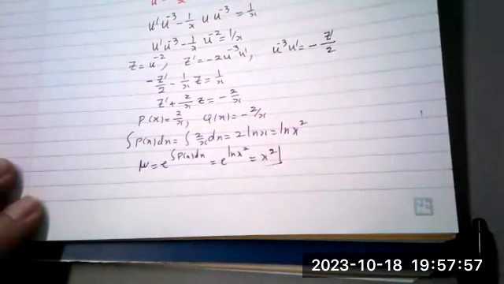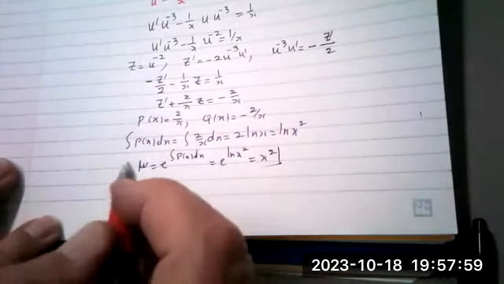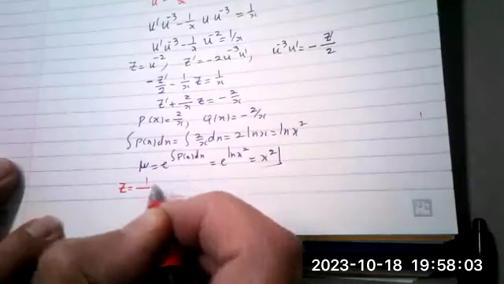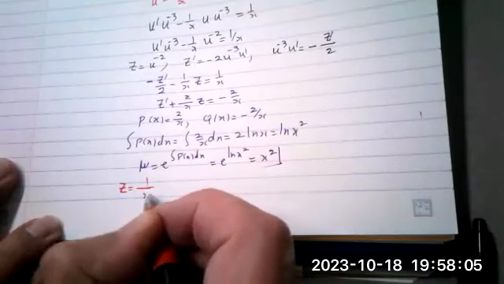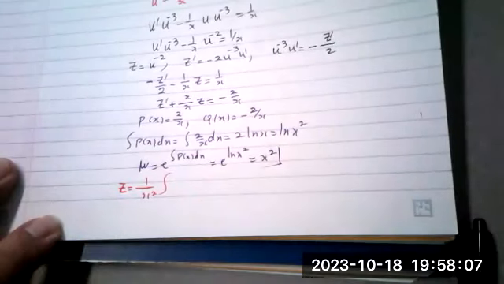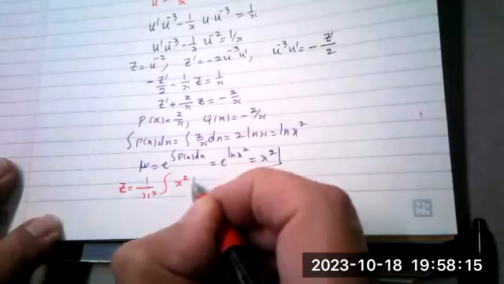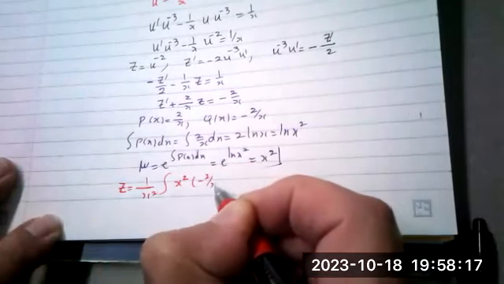Okay, that's the integrating factor for z. So z is equal to 1 over mu, remember, 1 over x squared, times the integral of mu times q of x. Mu is x squared, and negative 2 over x is q.